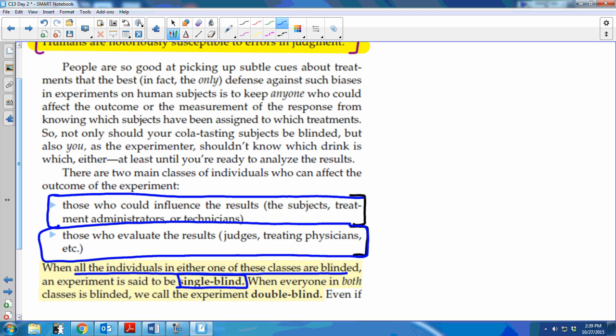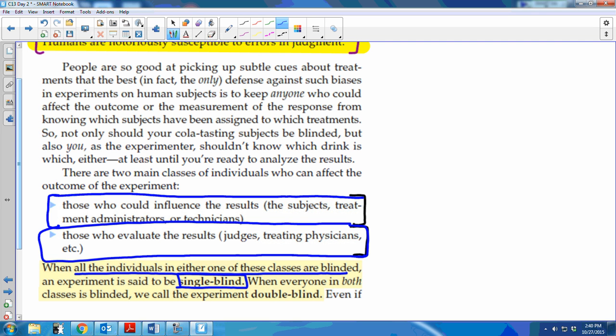It might also be single blind that everyone in the experiment and all the administrators know exactly what's happening. But as the experimenter, you don't want to be the one to evaluate the results because you're afraid that you will try to manipulate the results to fit what your hypothesis was, right? You want it to end up that you want this new drug to be better because you made it. So maybe you have a third party come in to analyze your results.